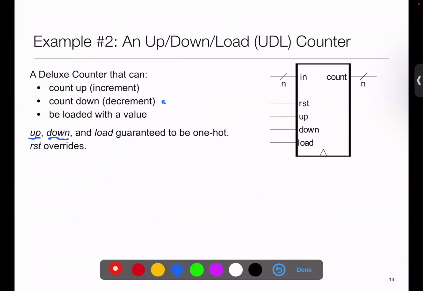And I guess there must be some priority between the two. And then load means that I can load a new value into the counter so that I'm not always just counting from zero. And then finally, there is a reset signal which forces the counter to be zero. Basically, it just resets the whole counter.